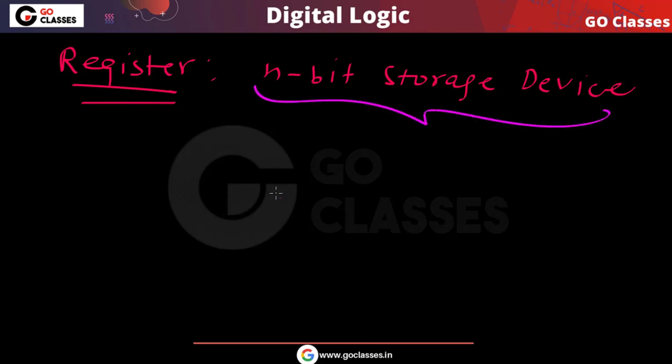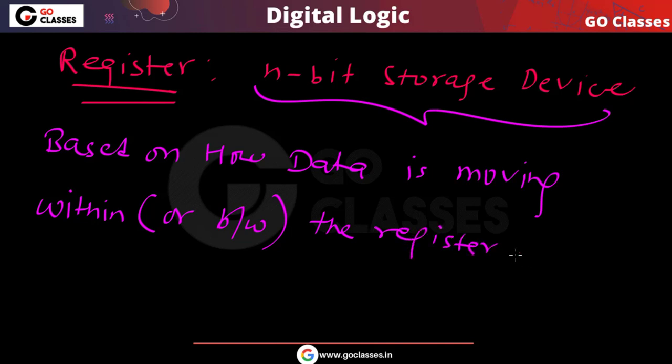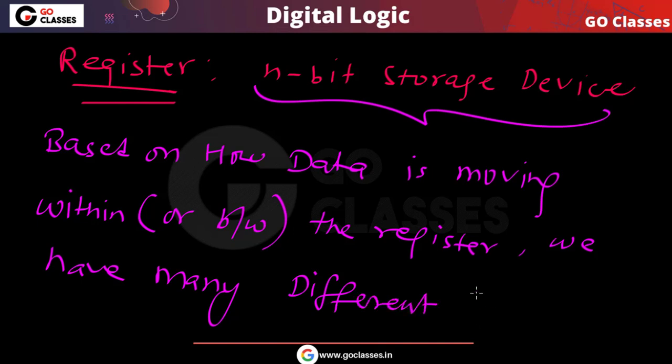A register is an n-bit storage device, but based on how data is moving within the register or between the registers, we have many different types of registers. One of them we have already seen.